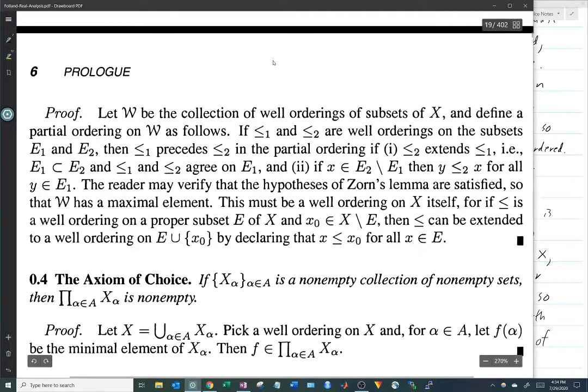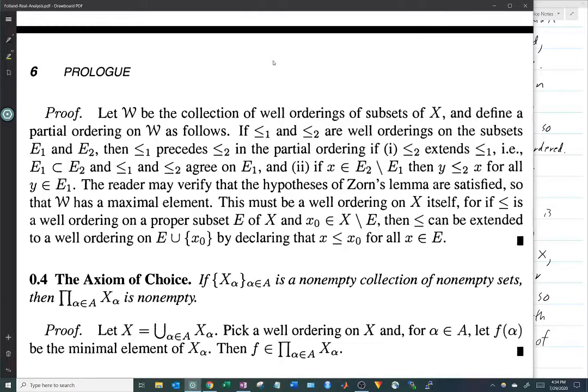So let X be the union of all of these X alphas. Now pick a well-ordering on X, and for every alpha in A, let F alpha, so F is going to be an element of the direct product of all of the X alphas.